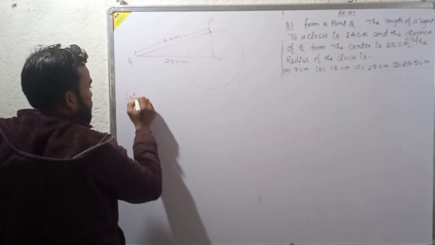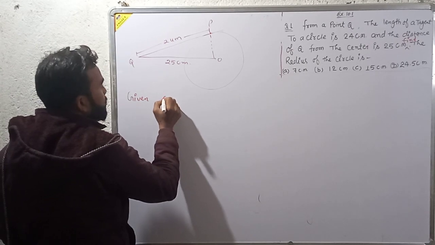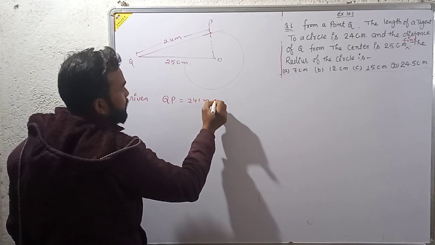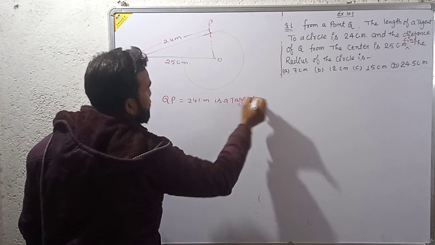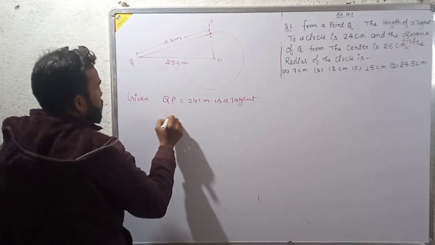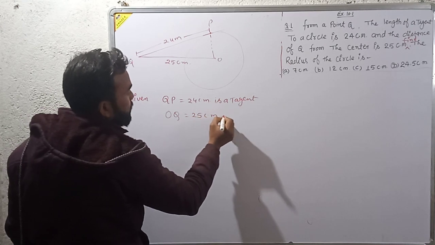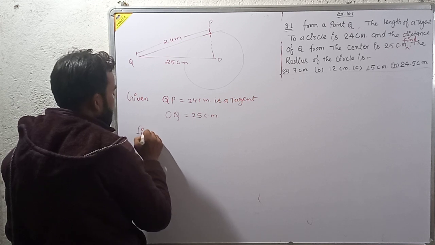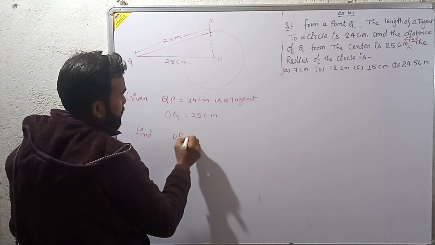Given: QP is equal to 24 centimeter is a tangent and OQ is equal to 25 centimeter. Find OP.